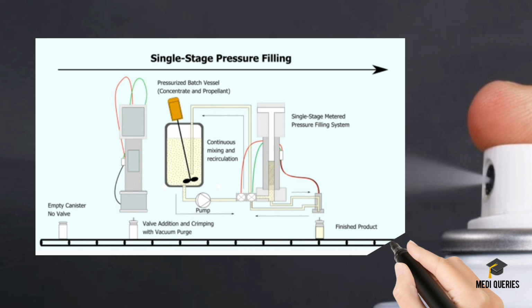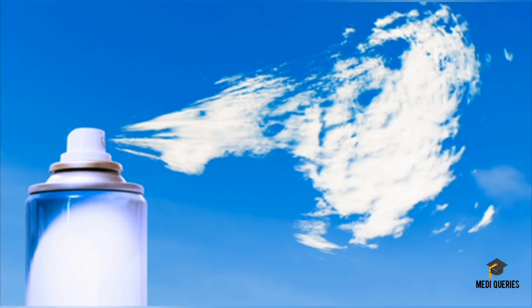So what is the difference between the cold filling and pressure filling processes? In the cold filling process, we add both the medicament and the propellant in a chilled manner into the container before fitting the valve system.